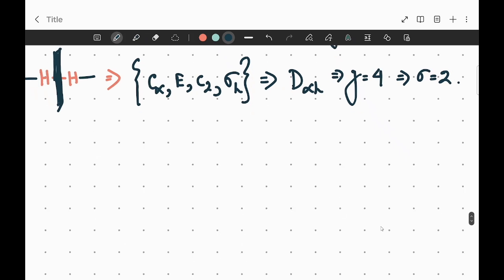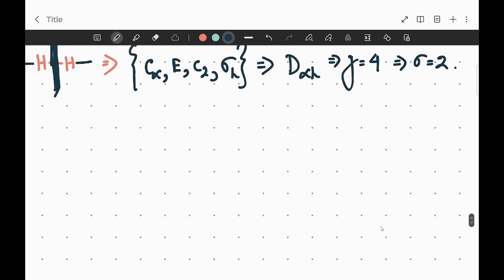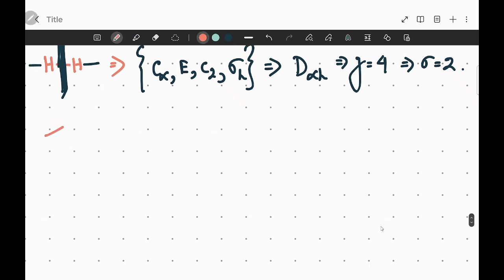Let me do it. Okay, benzene. What is the point group for benzene? We do not have to consider all the things. Let's see, E is there, C6 will be there. If C6 is there, then obviously C2 are also there.